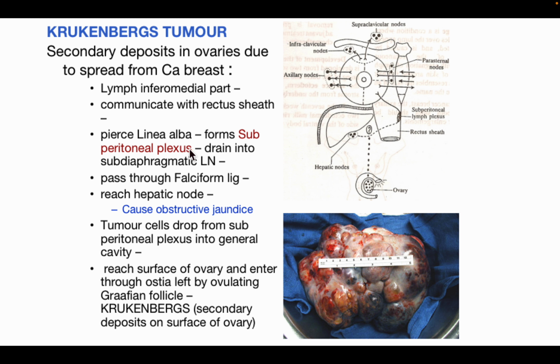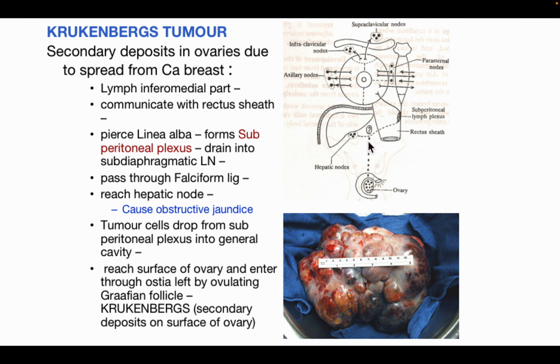From here it drains into the subdiaphragmatic lymph nodes, that is, below the diaphragm, and from here it passes through the falciform ligament and reaches the hepatic group of lymph nodes. It can also cause obstructive jaundice.